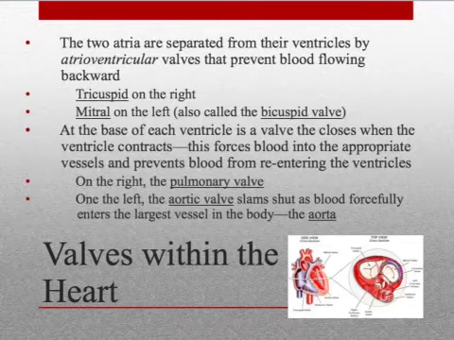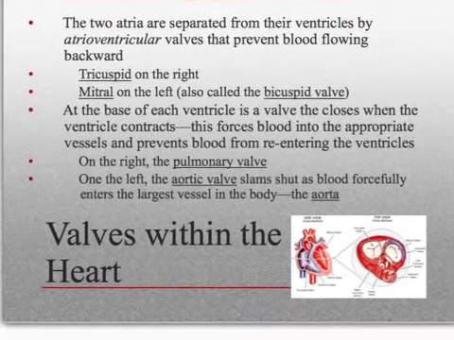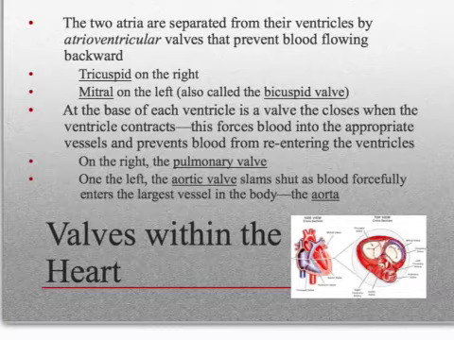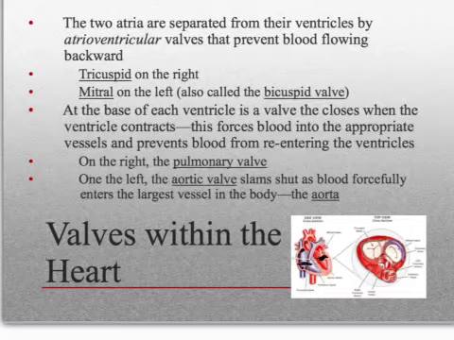So there is some more separation. There's not just the septum involved with separating the heart. There is also some separation between the atria and the ventricles, so that the blood, when it's being collected by the atria, doesn't just ooze into the ventricles. That would be a problem. That's in fact called a heart murmur, when there's no separation or the separation isn't working well.